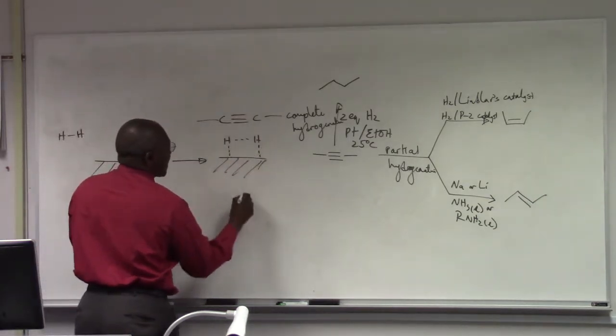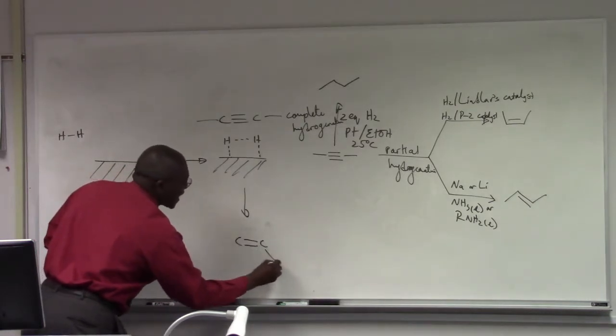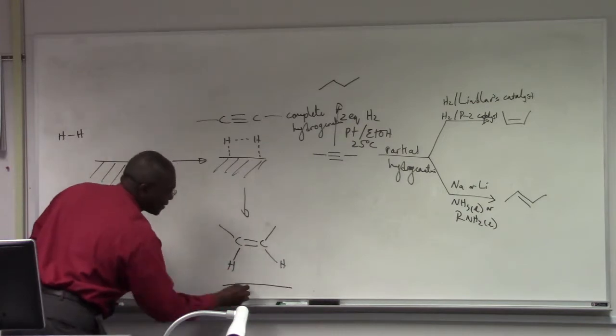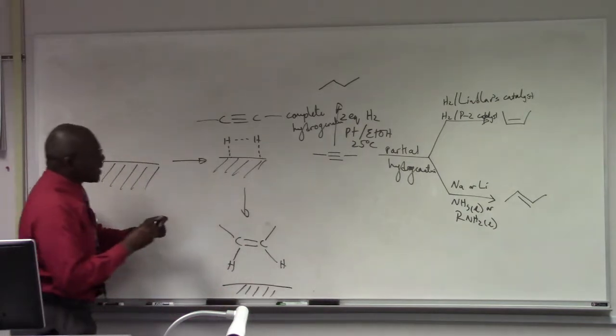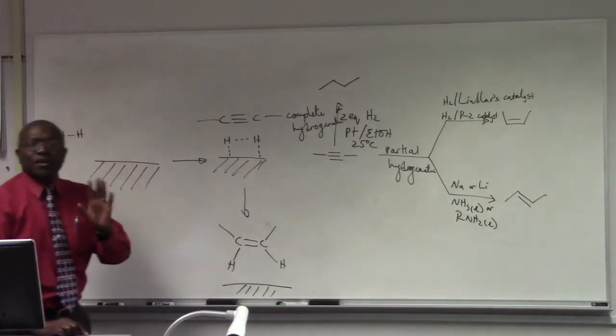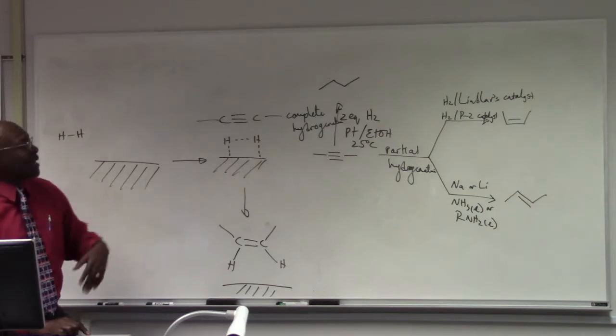So eventually these 2 H's get added from the same face of the alkyne, and that gives rise to the cis product. And we've seen this cartoon before when we looked at hydrogenation of alkenes to make alkanes.